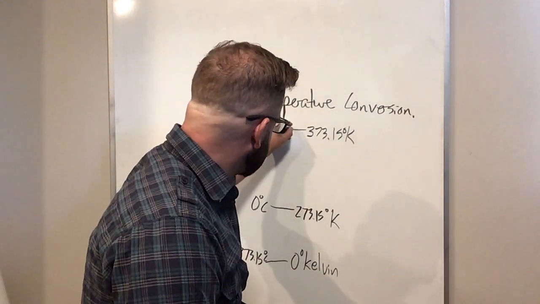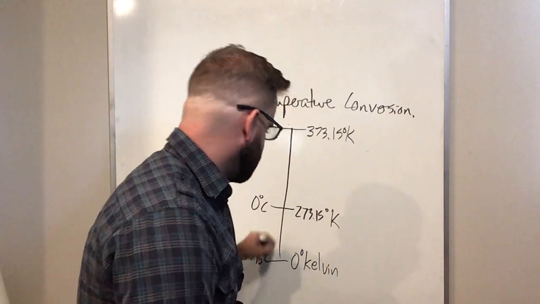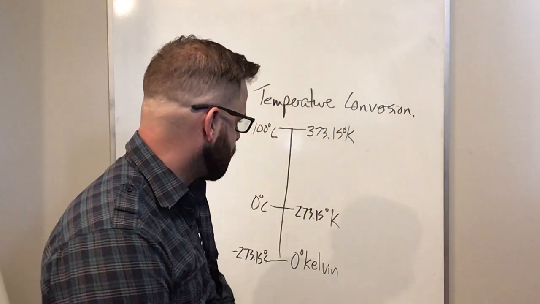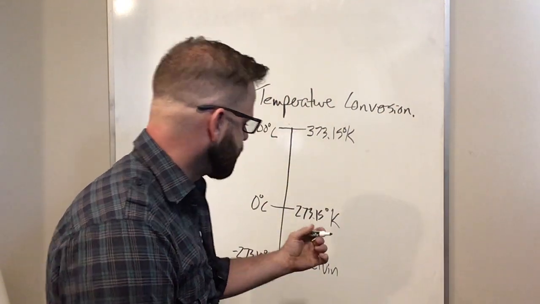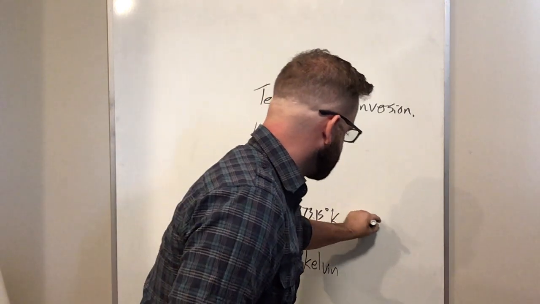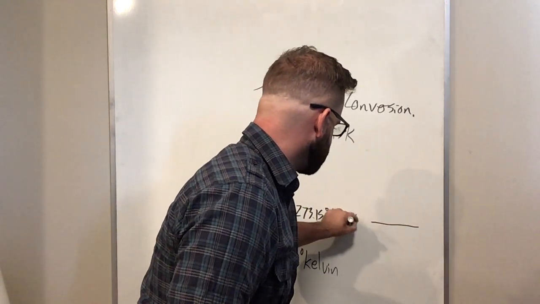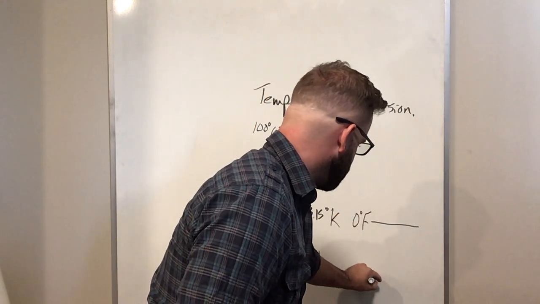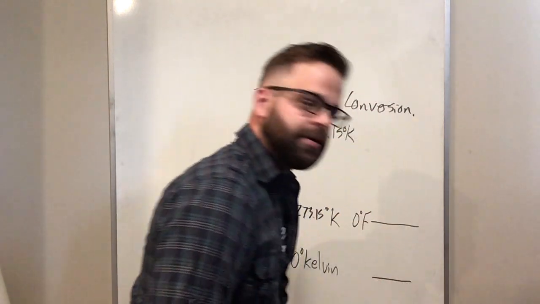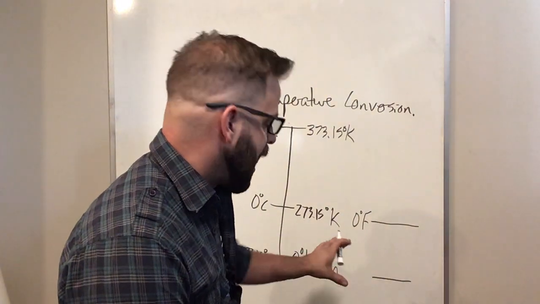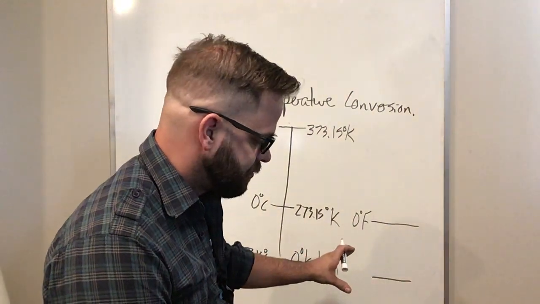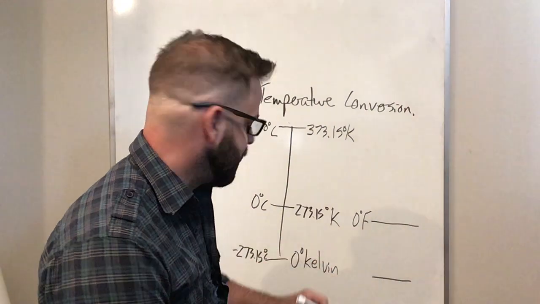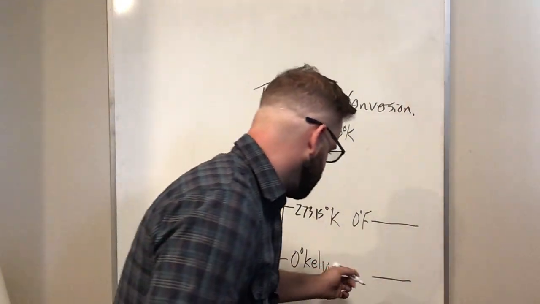So that was our little scale, and obviously all the values in between. So let's look at the other scale again. We have 0 degrees Fahrenheit, and we are going to have our absolute zero value in Rankine.